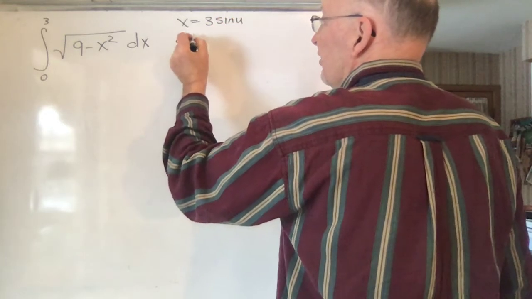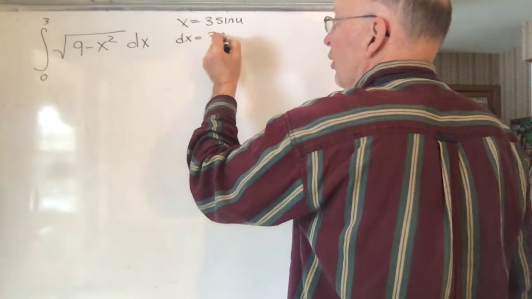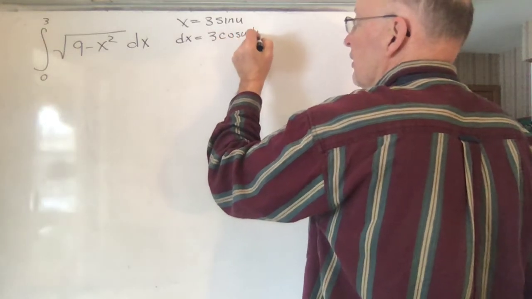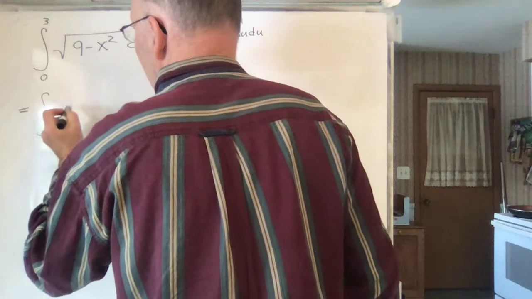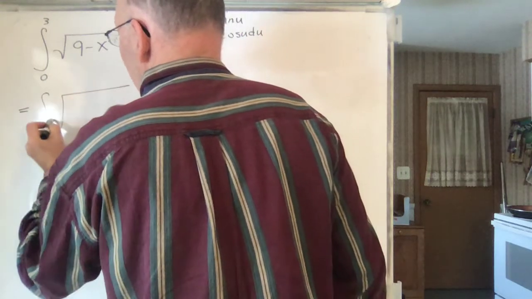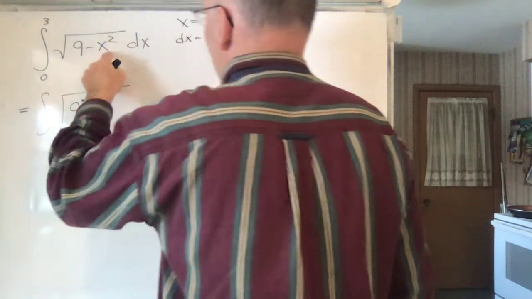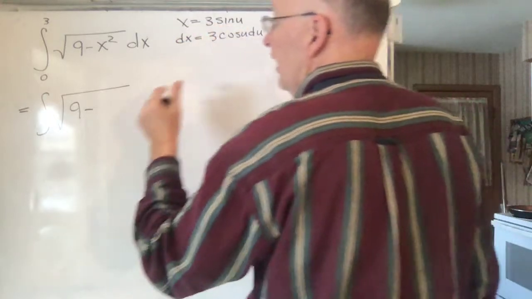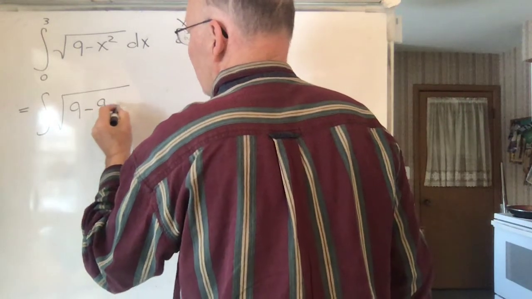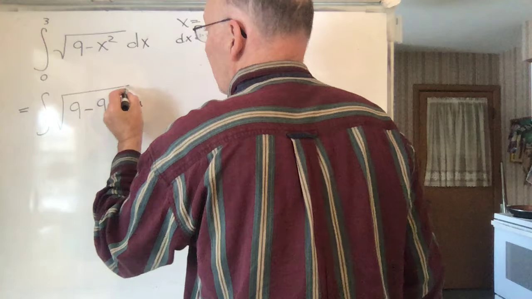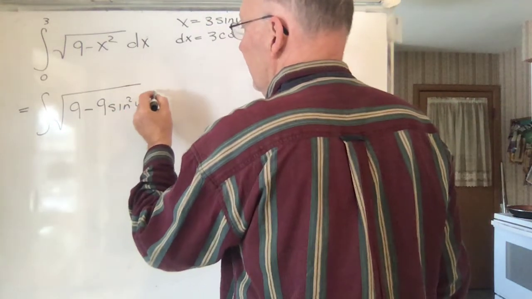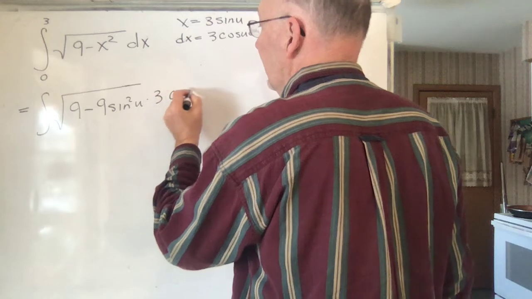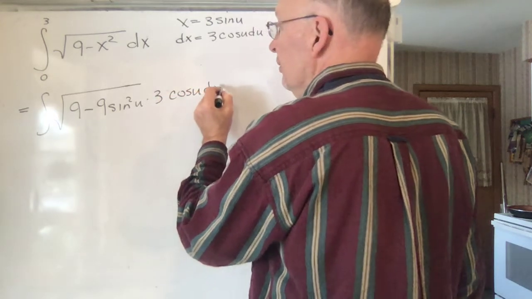So dx is equal to 3 cosine of u du. Okay, agreed? So watch what happens. We're going to get 9 minus x squared becoming 9 cosine squared. So dx is going to be 3 cosine of u du.